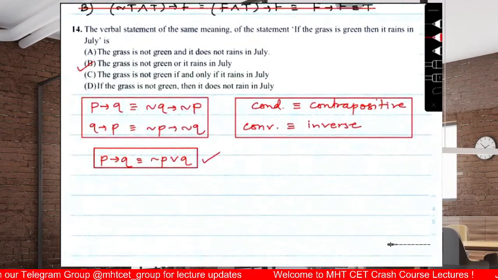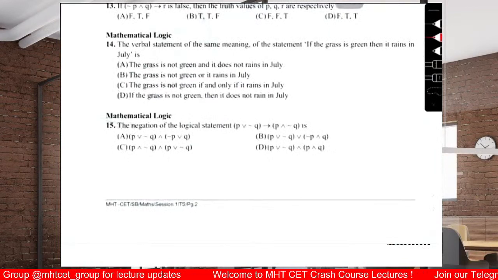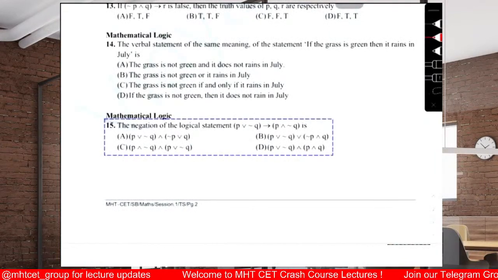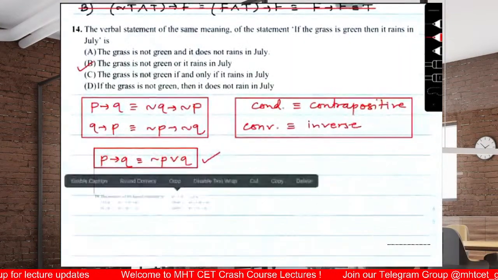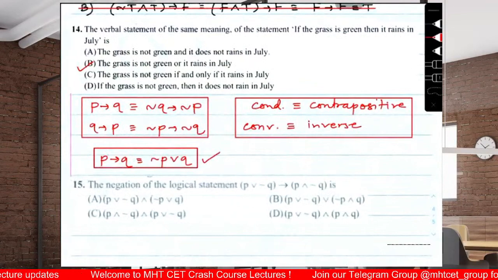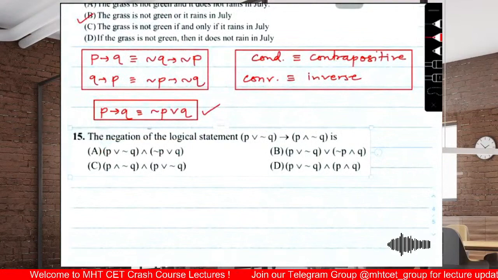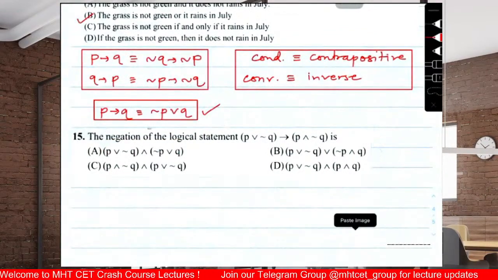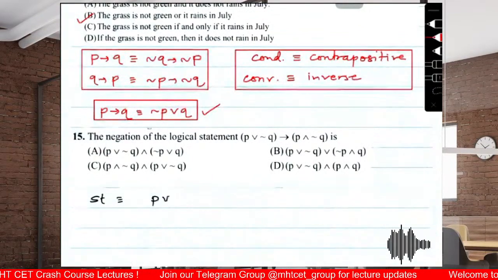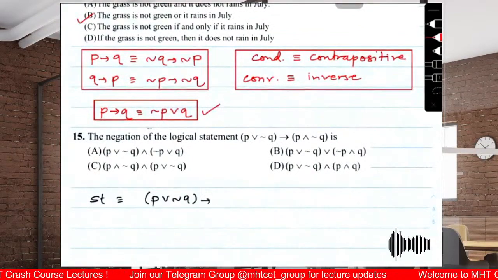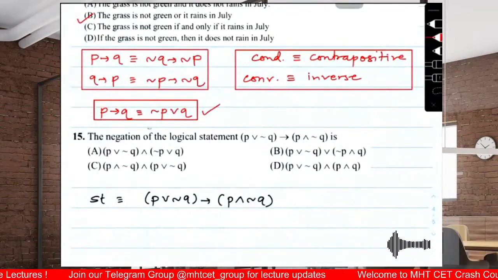Next. 15. Fifteenth में negation of the logical statement is... Okay, so the statement is P or not Q implies P and not Q. So A implies B, उसका negation.